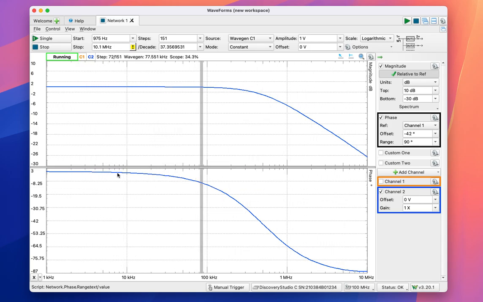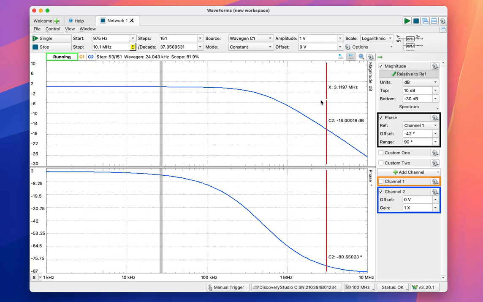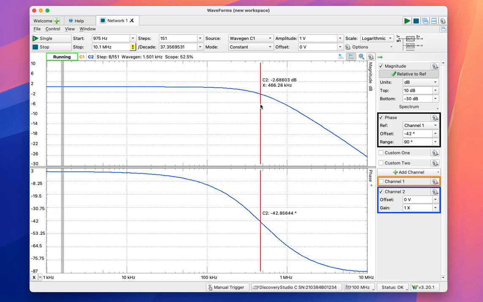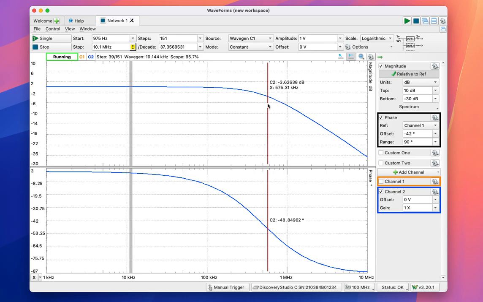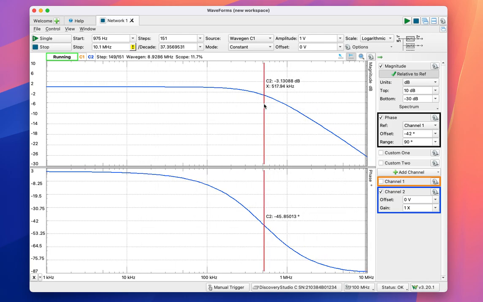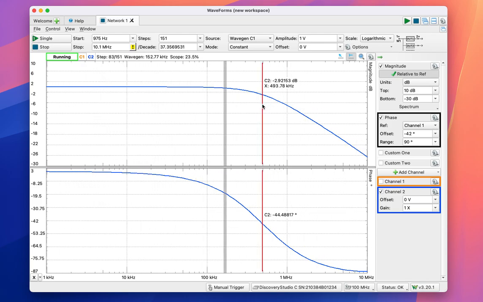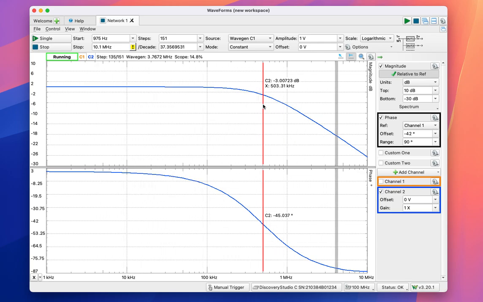With a phase of 0. But at some point, we know that it starts to change. Actually, in this case, you can measure the minus 3 dB, exactly there, at 500 kilohertz.